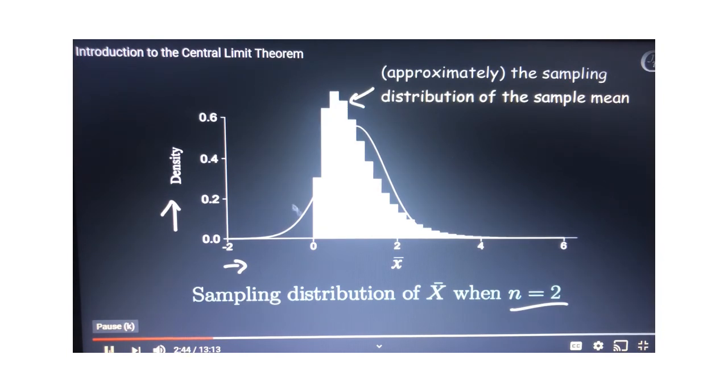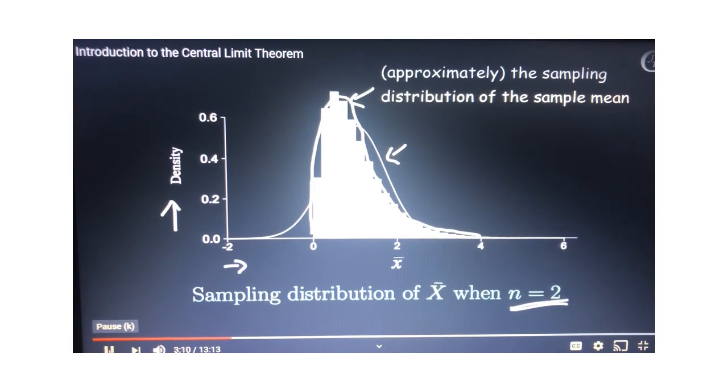We can see that this distribution retains some of the original distribution. We've got some right skewness. It's most definitely not normal. Here, with this white line, I've superimposed a normal curve with the appropriate mean and variance. And we can see that when n is 2, the sampling distribution of the sample mean is not normal.